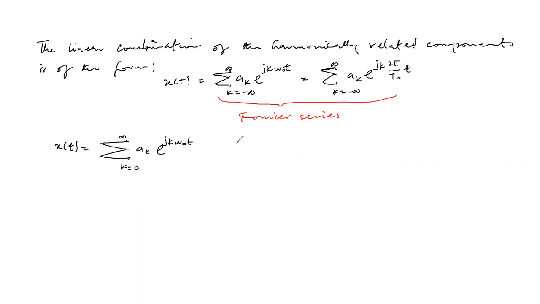And when k is equal to 0, then a naught e to the j times 0 reduces to e to the 0, which is 1, so that will be a naught.